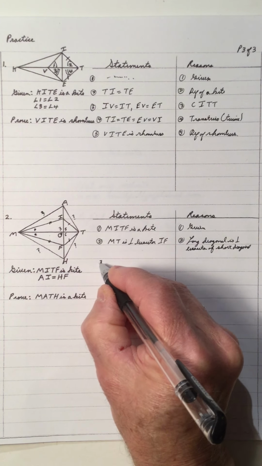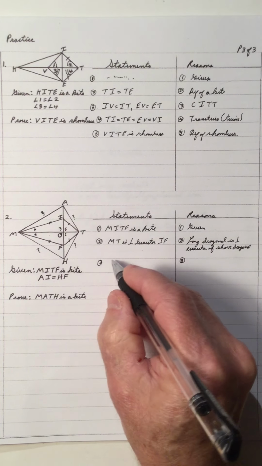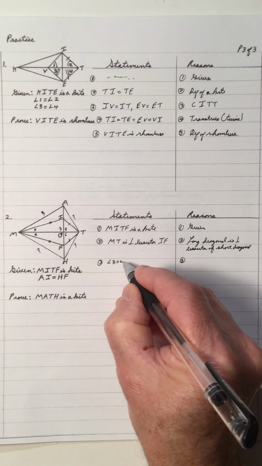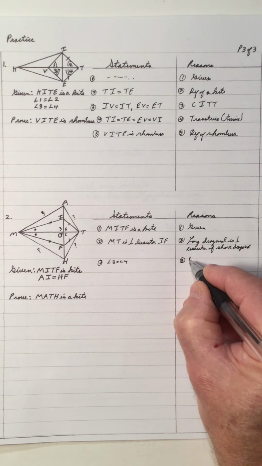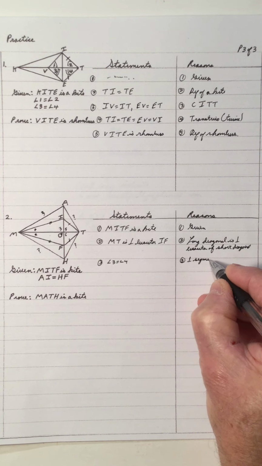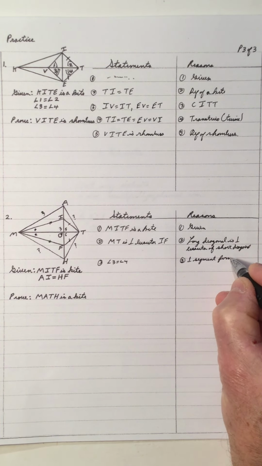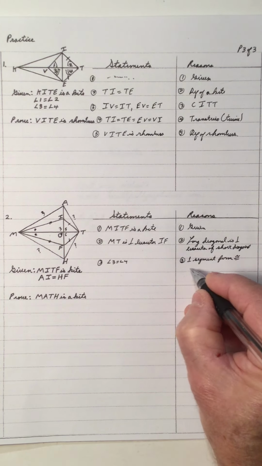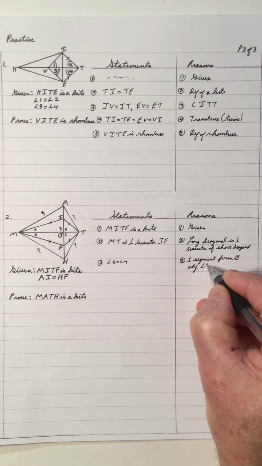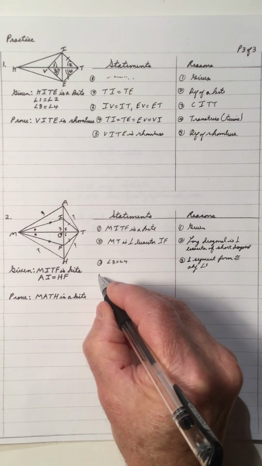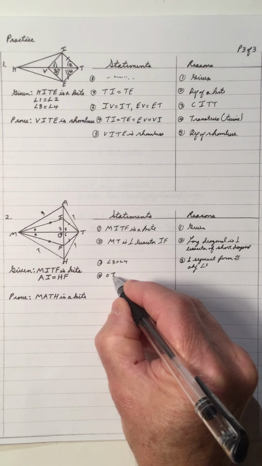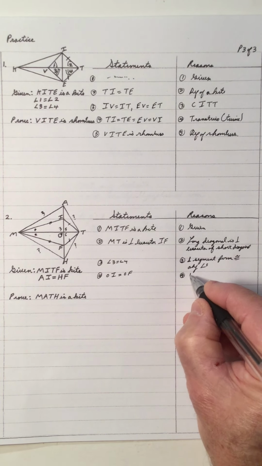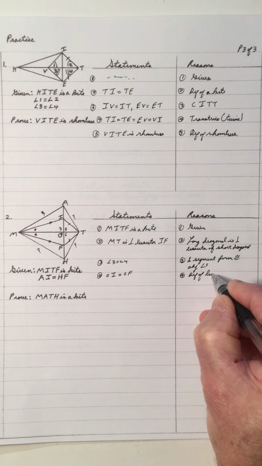And number 3, that means that because it's perpendicular, angle 3 is equal to angle 4, because perpendicular segments form congruent adjacent angles, and also that OI equals OF, by the definition of a bisector.